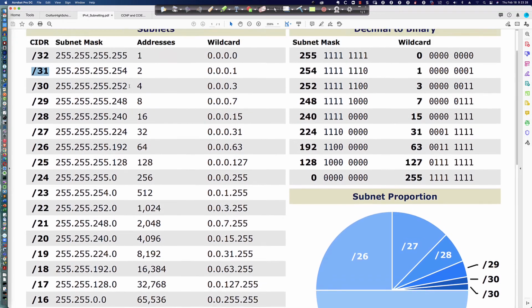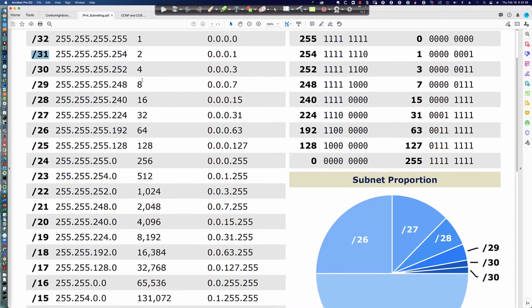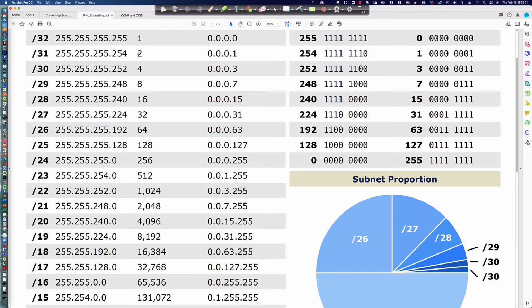And you can see here in the column in the middle, it shows us the number of addresses, right? Now, let me ask you, is this showing the total number of addresses? Well, here for the 31 and the 32, it is. With a /32, you have one host address. That's why they call it a host route in some cases.